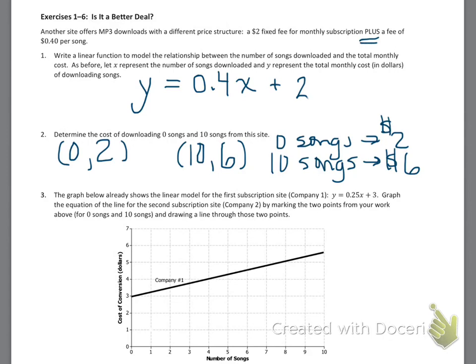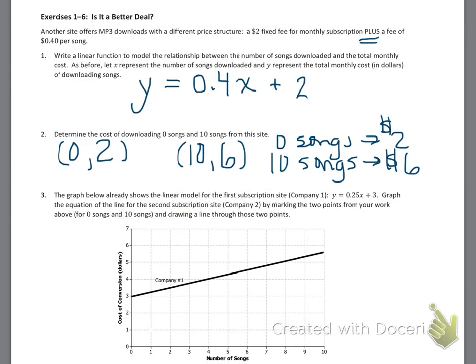Okay, so this graph in number 3 already shows the linear model for the first subscription site, Company 1. That's the one where it was a $3 monthly fee and 25 cents per song to download. Graph the equation of the line for the second subscription site, Company 2, by marking the 2 points from your work above, so that's these two, and drawing a line through those 2 points.